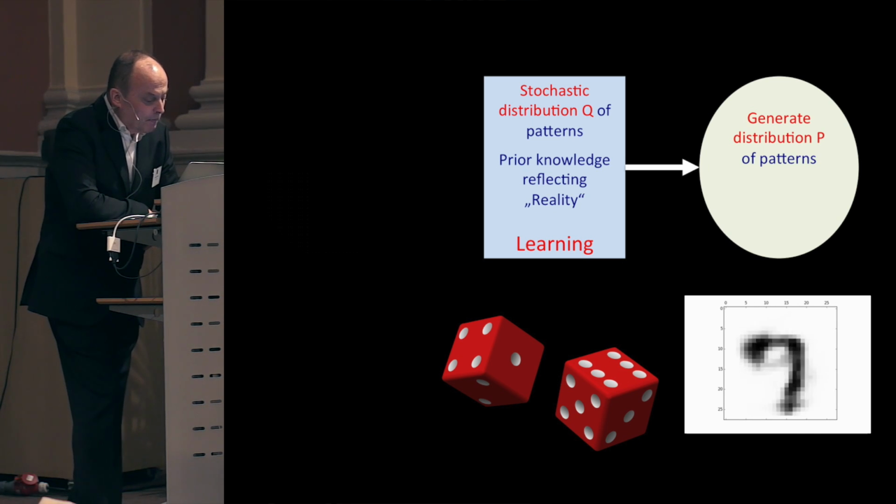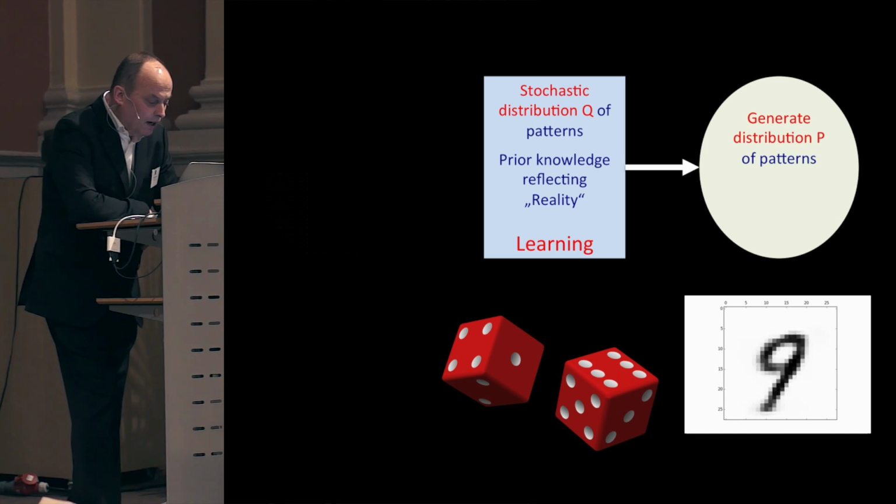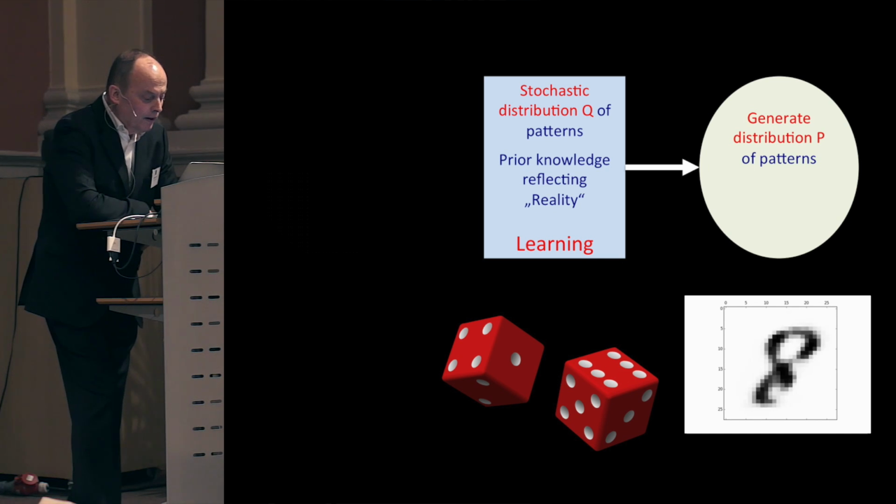And from that, by a stochastic process in learning, but also by a stochastic process in using, both stochastic, I build an internal model of our world, and those are distributions of patterns, distributions of faces and whatever. And so I have what's called prior knowledge, which reflects the reality that I have seen, which is then stored in my brain in probability distributions.